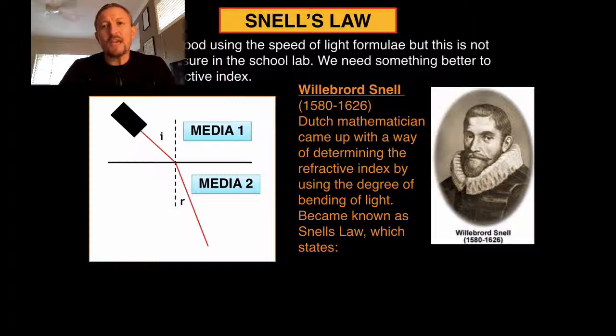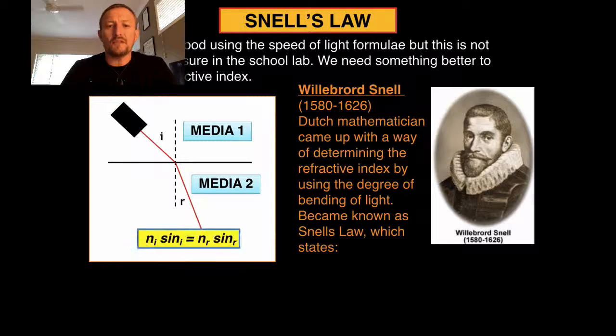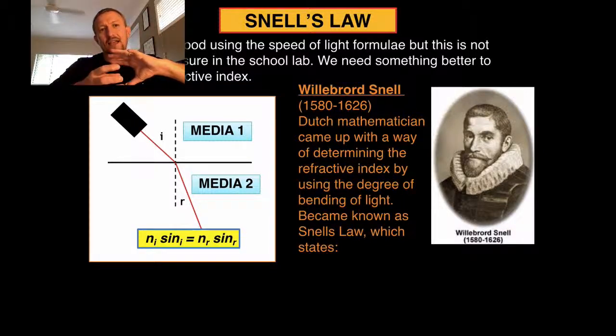So what did he come up with? Well, he came up with this formula. He said that the refractive indices of the two media would give us a ratio between the sines of the incident ray and the refracted ray.